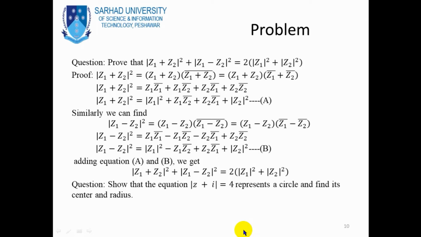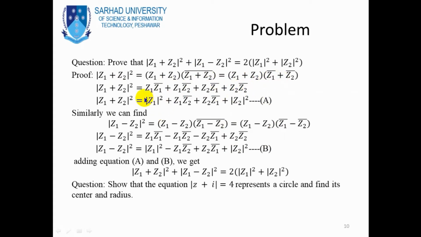For the proof, the square of the magnitude of z1 plus z2 is equal to z1 plus z2 into the conjugate of z1 plus z2. We know that the conjugate of z1 plus z2 is equal to z1 conjugate plus z2 conjugate.